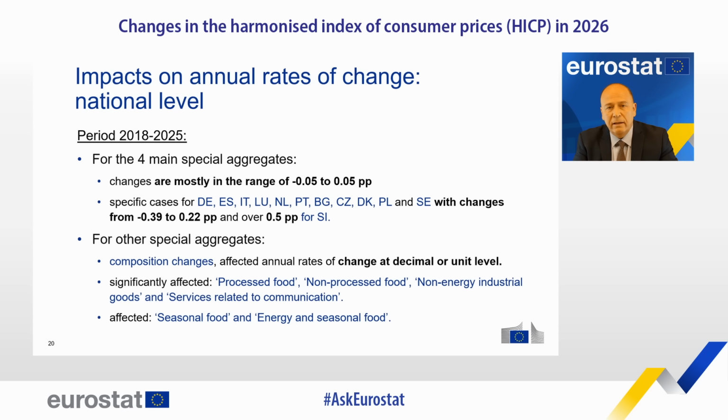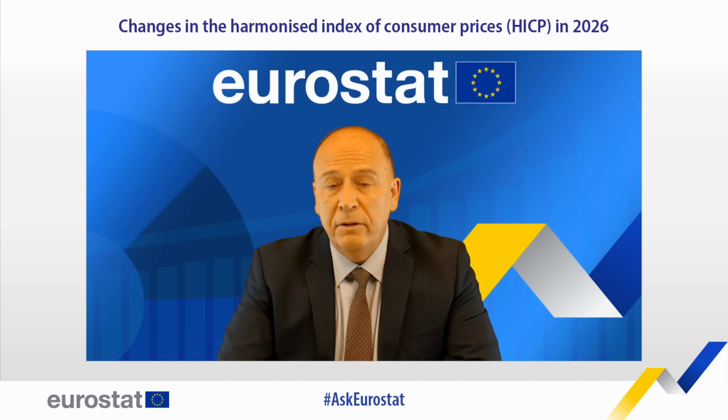For other special aggregates, due to the composition changes, we may say that there are some common horizontal patterns that can be identified across all the countries as changes at the decimal or even unit level. And these are mostly relevant to the special aggregates of processed food, non-processed food, non-energy industrial goods, services related to communication, as well as to the special aggregates of seasonal food and energy and seasonal food. Thank you for your attendance.